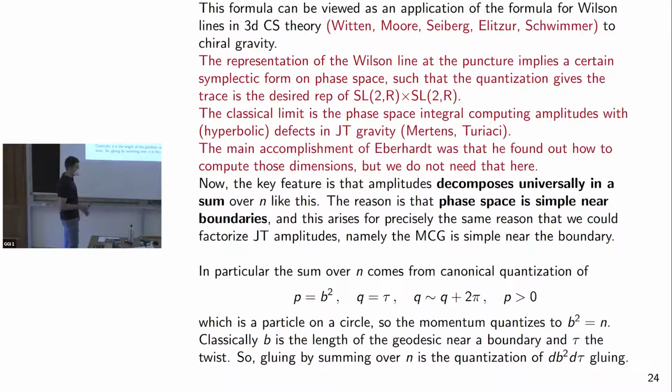In particular, the sum over n just comes from basically quantizing this b dτ gluing measure in JT gravity. Because τ is periodic, this is basically a particle on a circle, and that quantizes the momentum b squared. So you get this discrete set of Wilson lines, or discrete set of lengths, if you want.